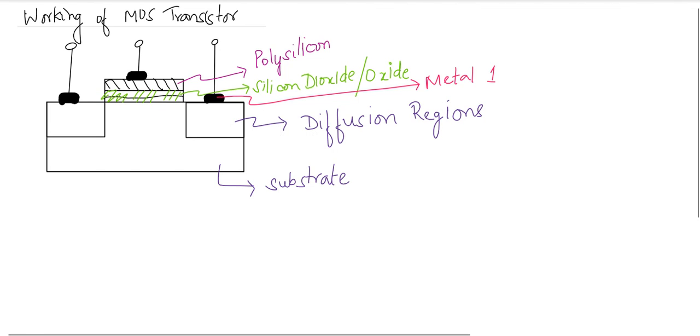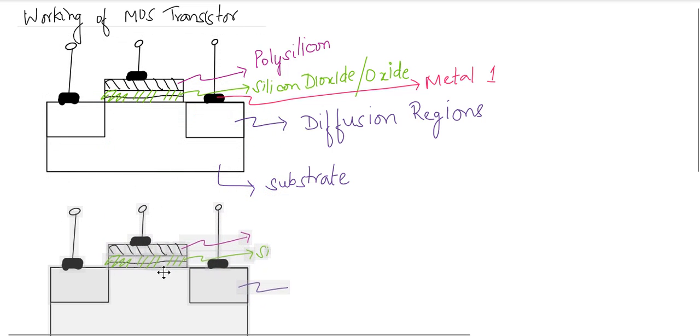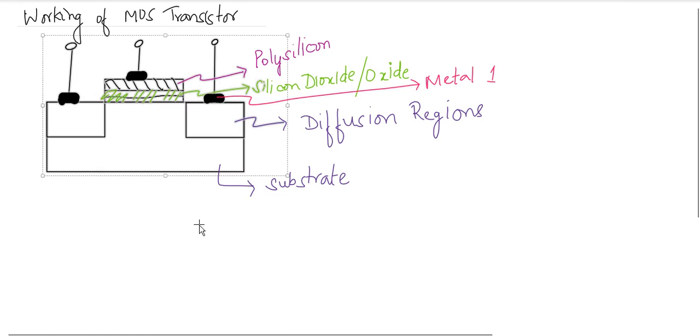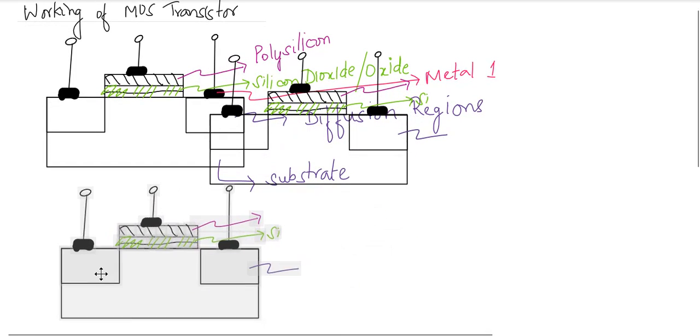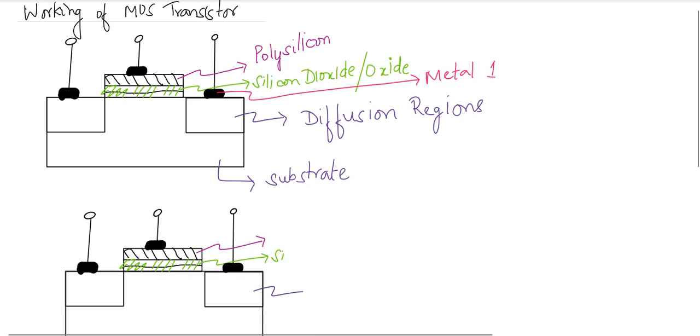Now if we were to use this structure in defining an actual MOS transistor, then the MOS transistor's layers will have to be defined.